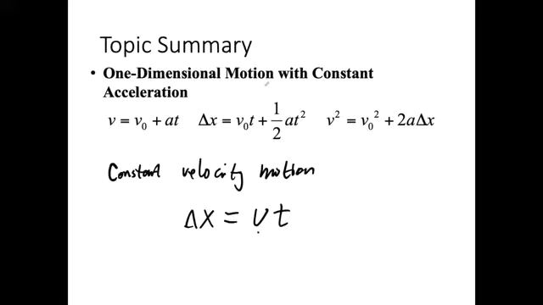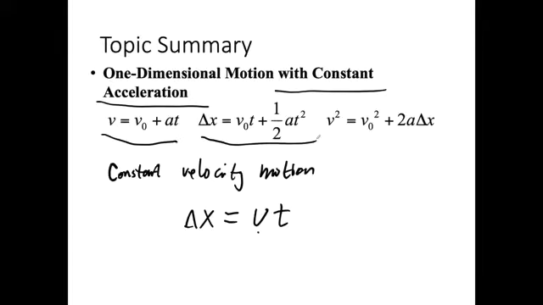And then for motion with constant acceleration, we have summarized the three kinematic equations that we're going to use. First of all, final velocity equals initial velocity plus acceleration times time. Second, displacement equals initial velocity times time plus 1/2 at squared. And then we have a third one. Sometimes it's convenient for us to solve the problem using the third one.